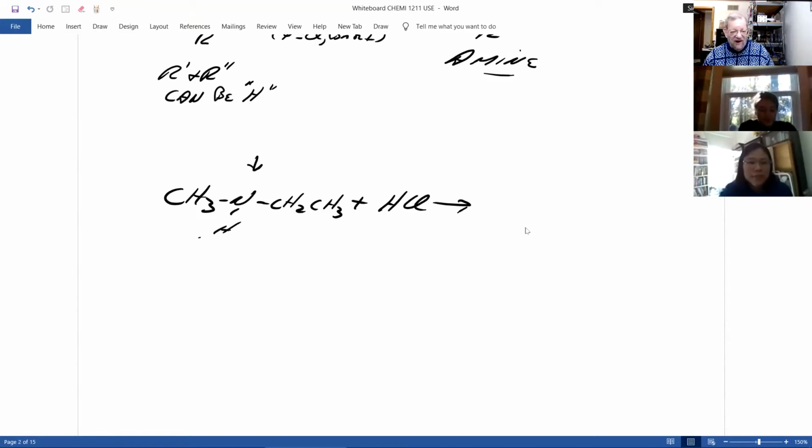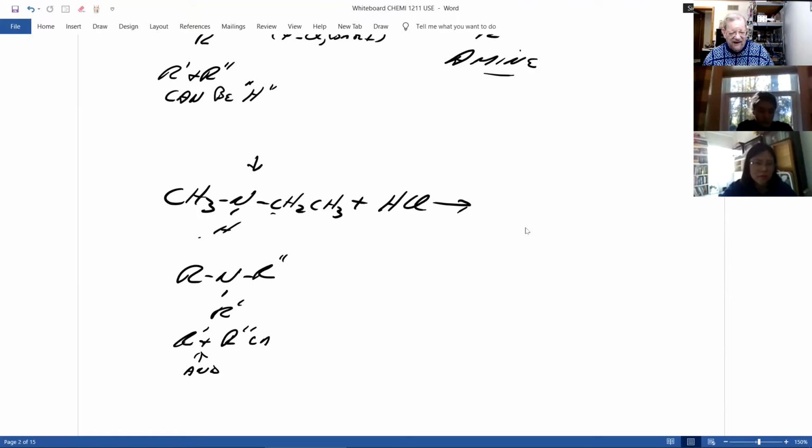What's different? Ooh, nitrogen with carbons and carbons. It's an amine, which I could draw like this. And remind myself, is everybody familiar with the ampersand meaning "and"? R prime and R double prime can be hydrogen.